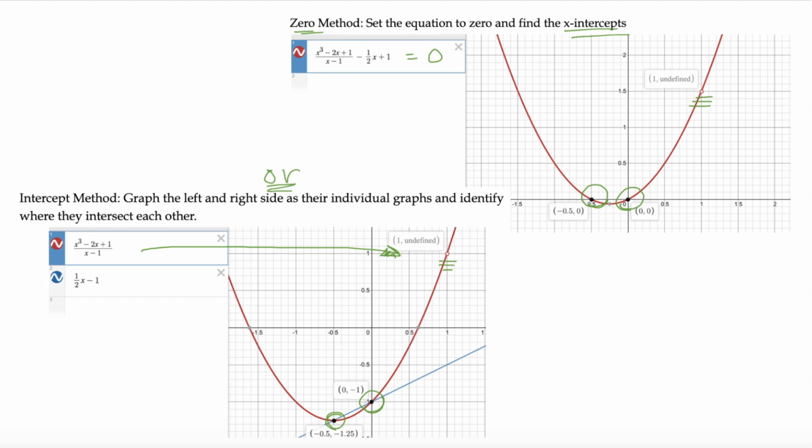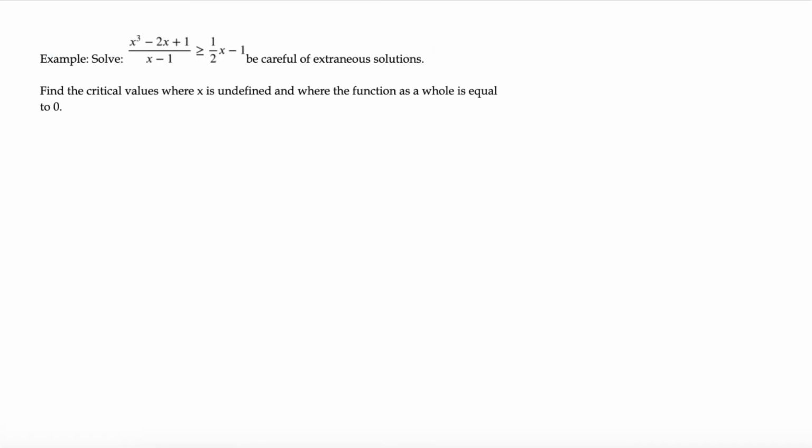Let's look at another example, example number 3. This time I have the exact same thing, exact same solutions that I had before, except this time I have the greater than or equal to sign. It's asking us to be careful of extraneous solutions.